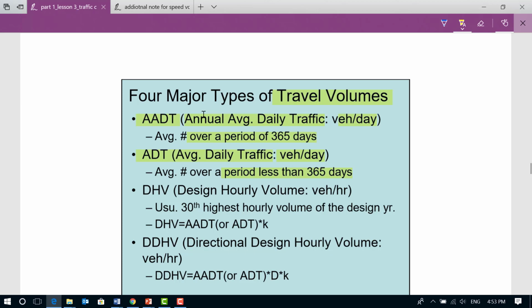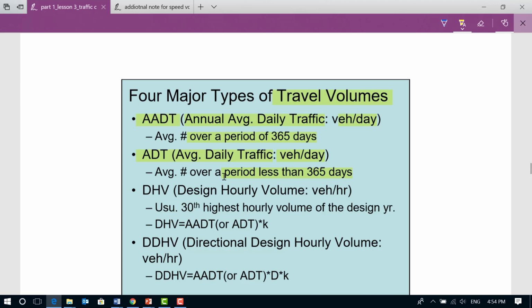For example, in the winter time period, the traffic volume is relatively low, and in summer, the traffic volume is relatively high. So if your 3 month period only covers the summertime, then your ADT will be relatively high. And if you only cover the winter time period, then your ADT will be relatively low.